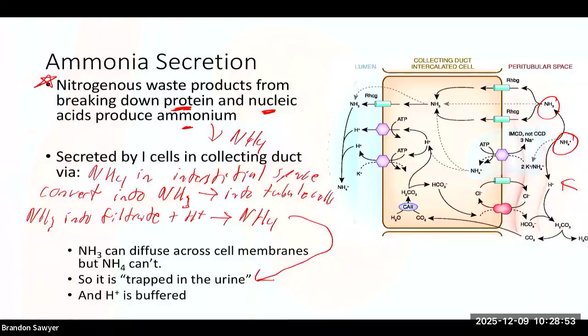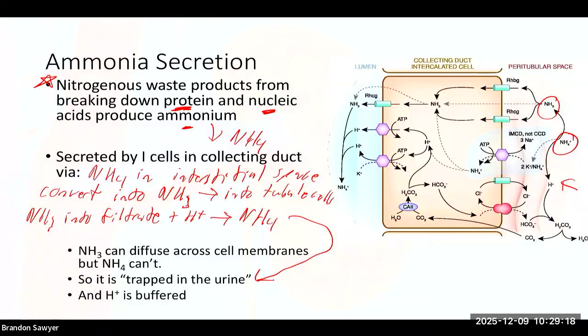So we keep them there. We keep the pH high enough that we can continue to pump more hydrogen ions in, and we trap that ammonia, now ammonium, in the urine so we can get rid of it. This is called ammonia trapping in the urine. So it's kind of a 2-for-1 deal. Questions on that at all?